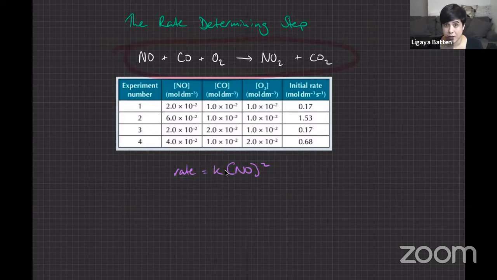So this reaction must happen in more than one step. And it's only nitrogen monoxide that is present in the step that affects the rate. And that's what we call the rate determining step. So the only reactants that are in the rate determining step are the reactants that are in the rate equation. Okay, so that's why the rate equation is so important.